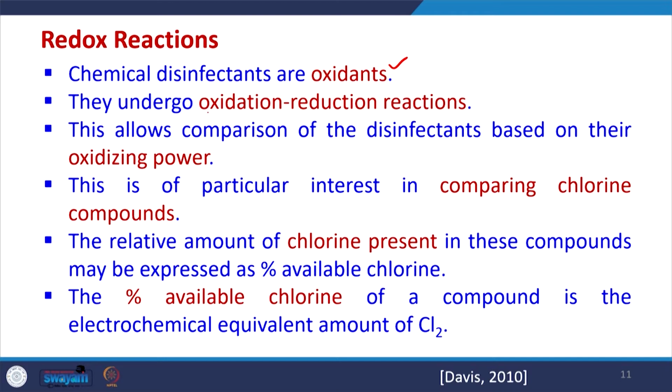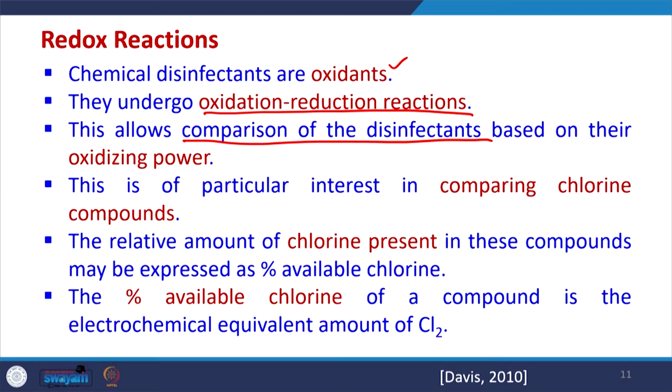We can use these redox reactions and some more information from them for understanding their oxidizing power, and if we can find out their oxidizing power, we can compare different types of disinfectants. This is in particular very important for comparing various types of chlorine compounds which are used as disinfectants.